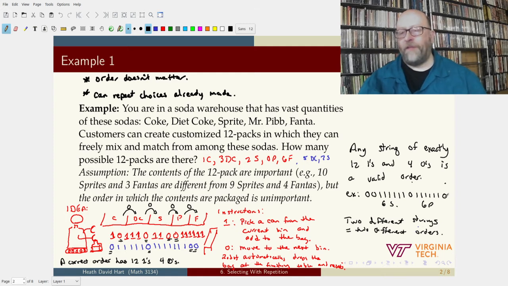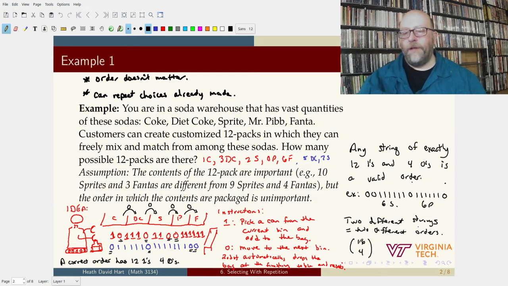And then I have to have the closing 0 to get me to the end of the row where the finishing table is. And so this strategy of combining ones and zeros to form a valid order counts every order and doesn't count any order twice because different strings represent different orders. And so how many ways do we have of taking 16 bits and picking 4 of them to be zeros? That would be 16 choose 4.